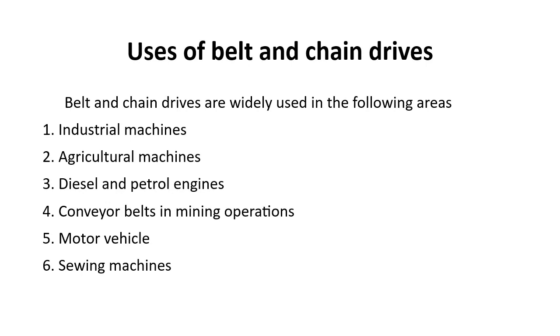Therefore, the major source, which is the crankshaft, is now linked to all these other sources so that they will effectively be powered to carry out the functions in the vehicles.